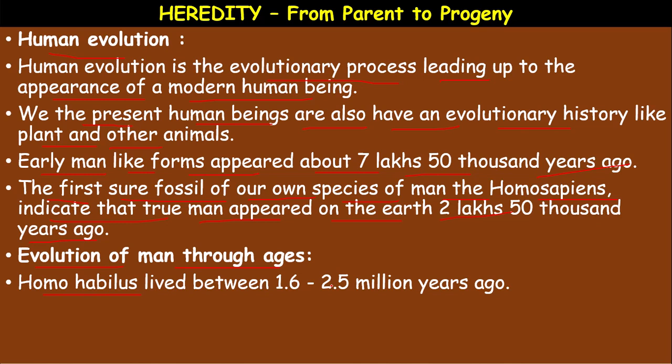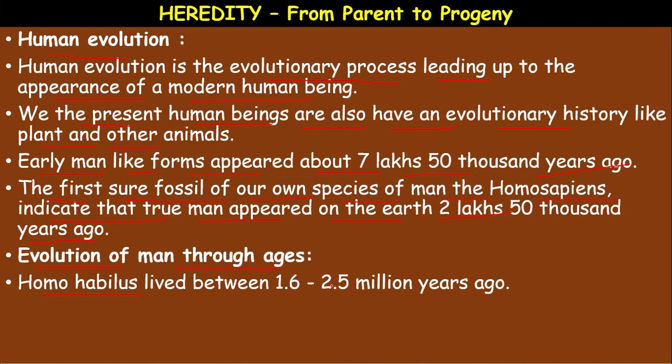Then Ramapithecus, the earliest hominid fossil, 15 million years ago. They used to eat seeds and nuts, and they were semi erect, not completely erect. The canines small, molars flattened. The canine teeth are very small and the molars are flat.